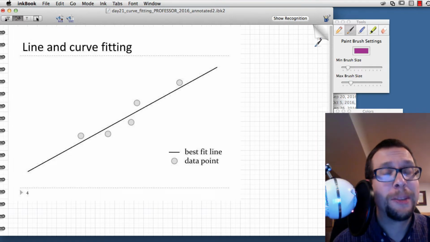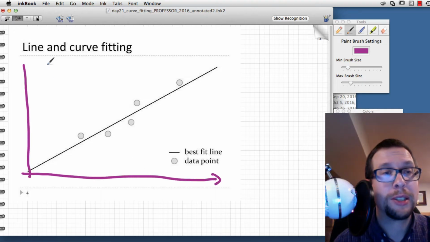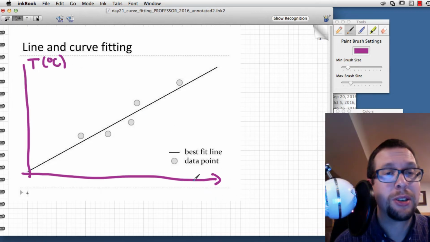So what's typically happening is that you've got some measurements that have been taken, say, of temperature in degrees Celsius versus maybe day of the week.